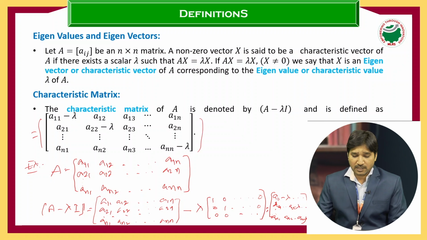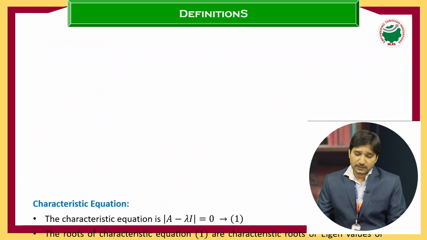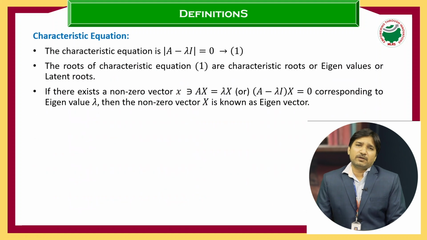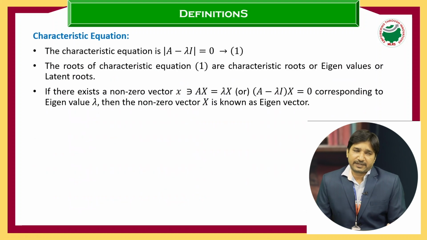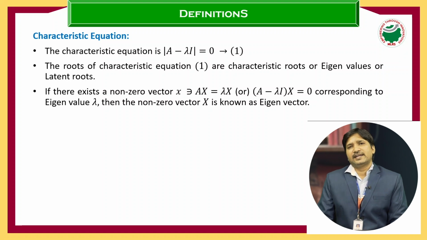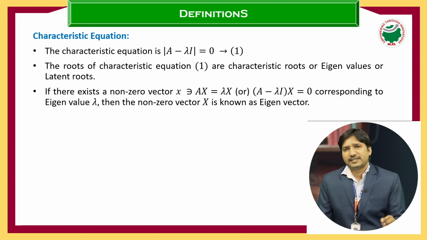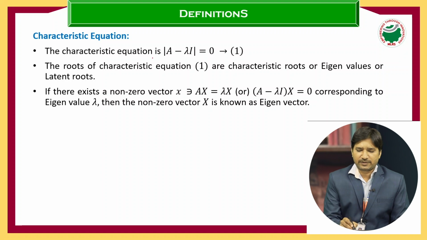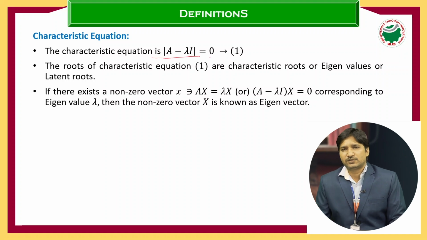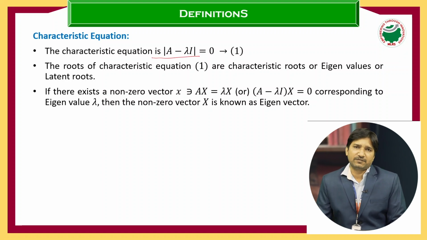Okay. Next, coming to the characteristic equation. The characteristic equation means the determinant of the characteristic matrix, that is, the modulus of A minus lambda I equals 0. Using this, we can find the eigenvalues of the given matrix.